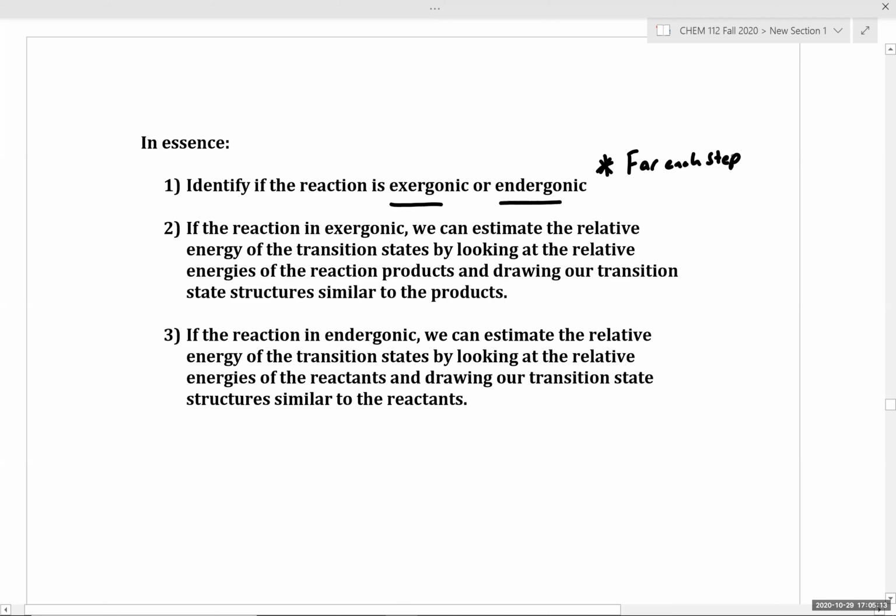Now, focusing in on the rate limiting or rate determining step, we're going to look and see, based on whether the reaction step is exergonic or endergonic, we can conclude and estimate what species the transition state most resembles. So if the reaction is exergonic, we can estimate the relative energy of the transition states by looking at the relative energies of the reaction products.